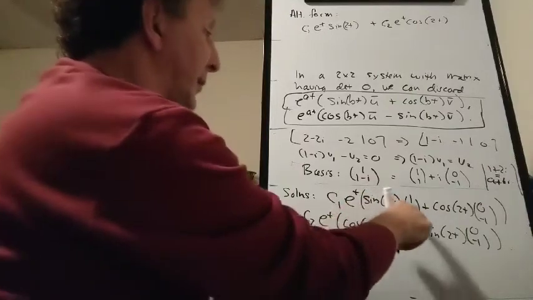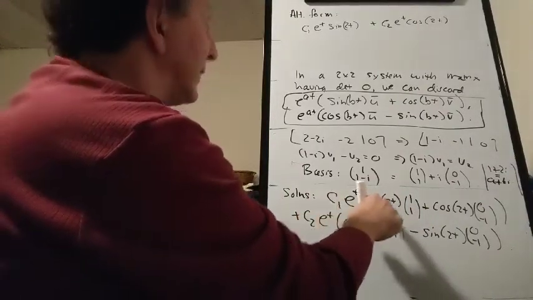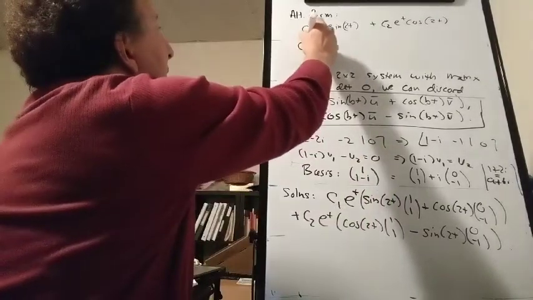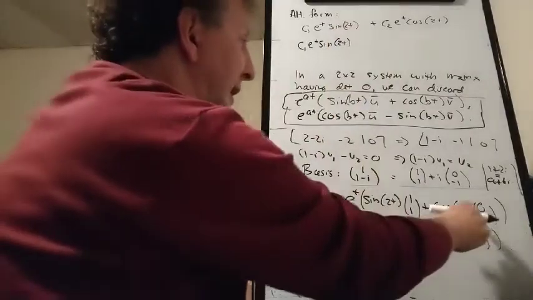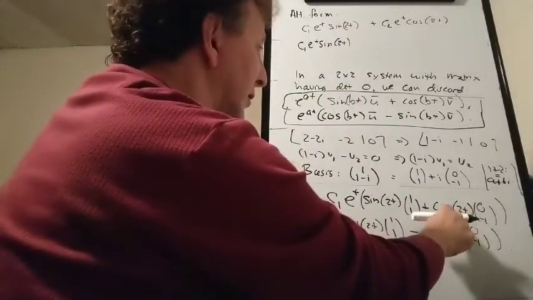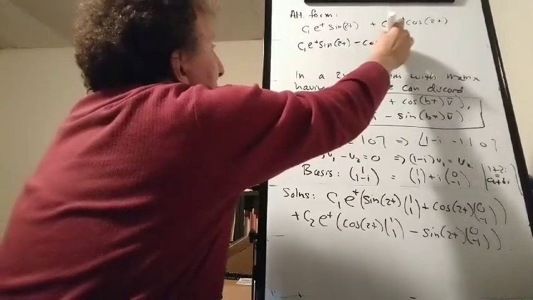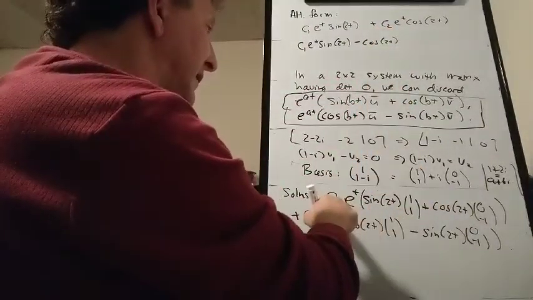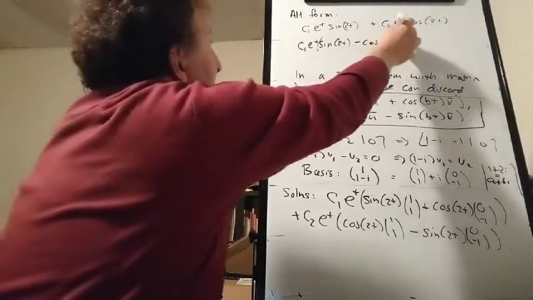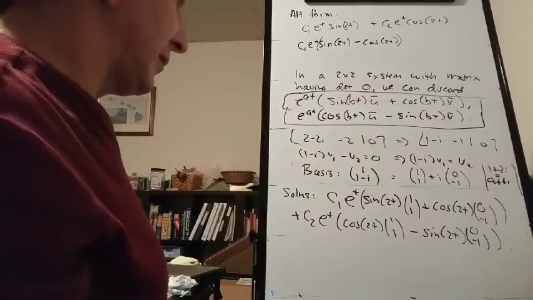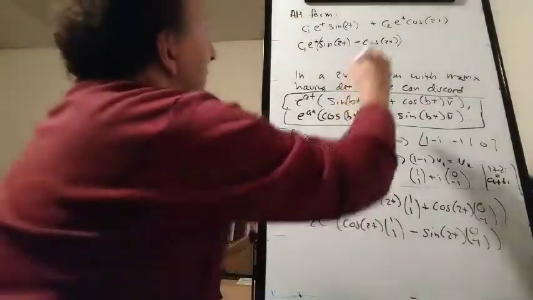And then in the bottom component of the vector, we've got c1 e to the t sine 2t again, and now minus cosine 2t, and the c1 e to the t is multiplying all of that. So put this in parentheses.